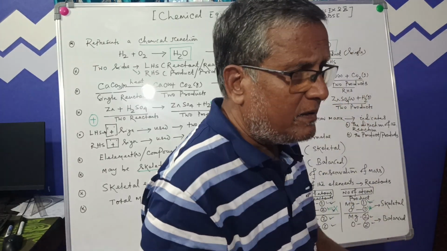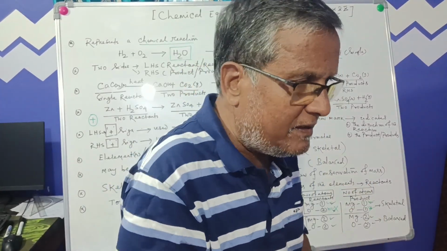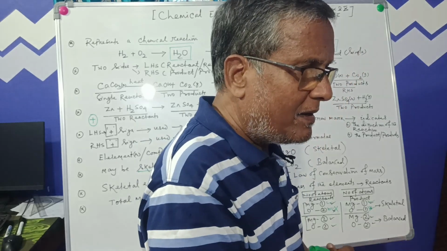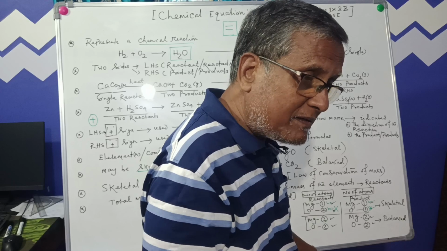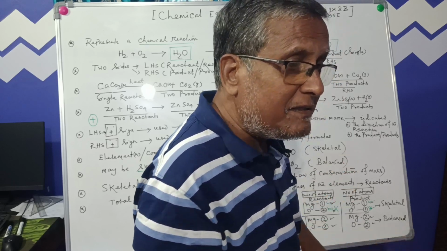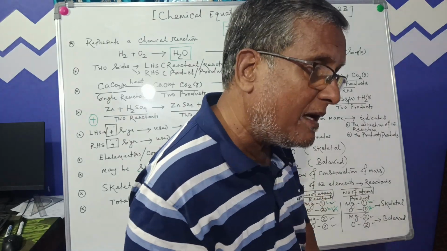When the number of atoms of the elements on the reactant side is not equal to the number of atoms on the product side, the equation is called skeletal. This example we have taken from your textbook.